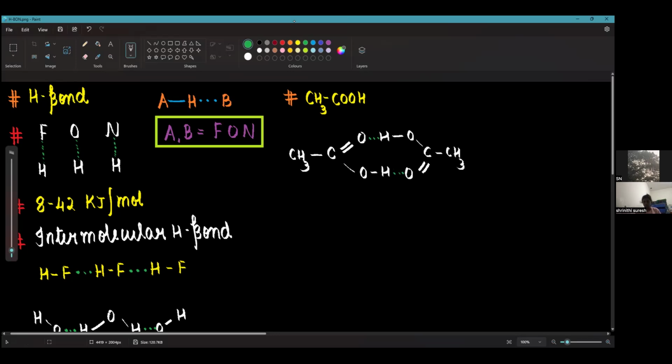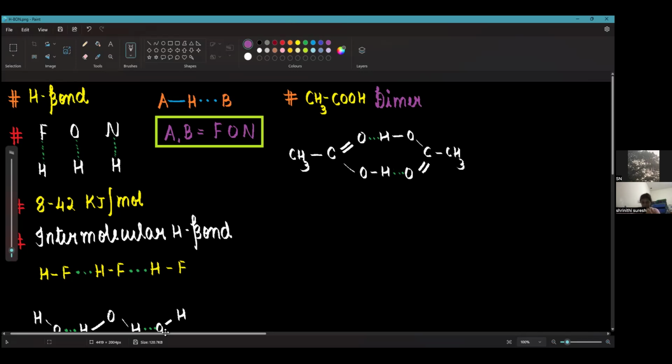So acetic acid in vapor phase is going to form a dimer. What is the meaning of a dimer? Dimer means two molecules are joined. There are two molecules of acetic acid which get joined, and they had asked once the molar mass of acetic acid in vapor phase.